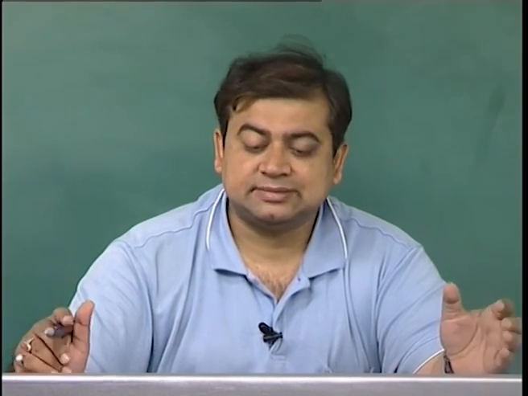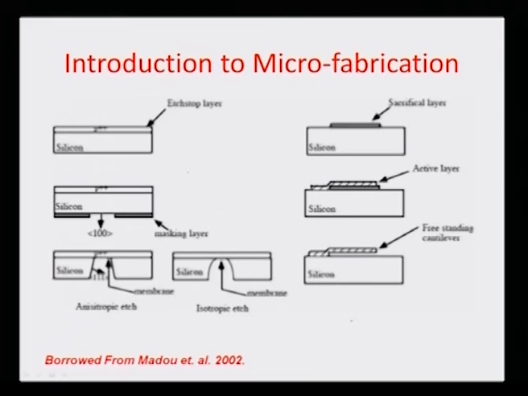For example, here is a slide which has been borrowed from Dr. Mark Madou's book on microfabrication. Here it is showing how you can formulate a P double plus membrane, and this has already been illustrated.